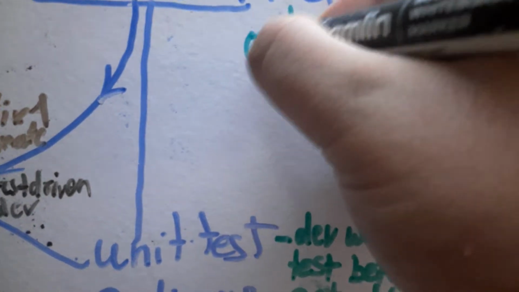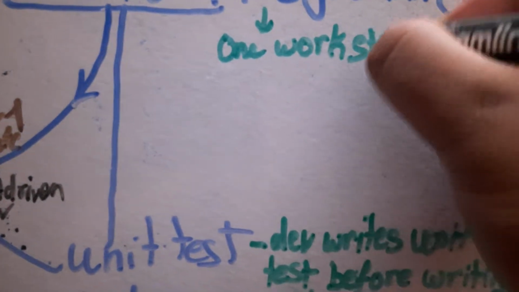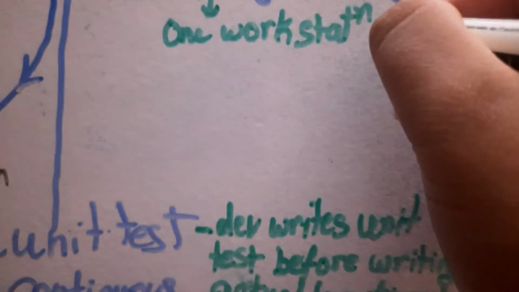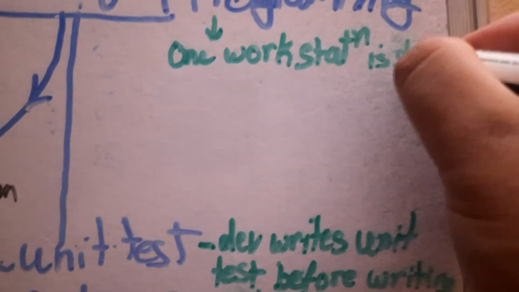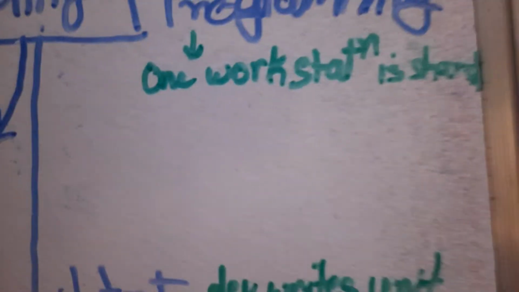Let's go. So now pair programming is one workstation is, kindly forgive my shortcuts, okay, is shared. Pair programming means internet cafe or manga cafe of coders.